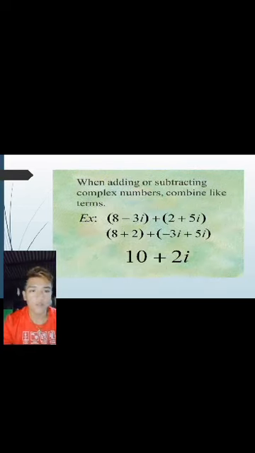In this example, we are using addition. The quantity of 8 minus 3i plus the quantity of 2 plus 5i. Combine like terms: 8 plus 2 is equal to 10, and -3i plus 5i is equal to 2i. So the answer is 10 plus 2i.